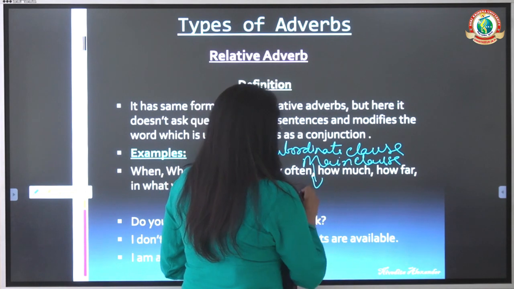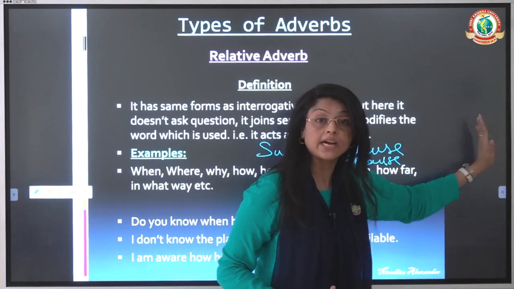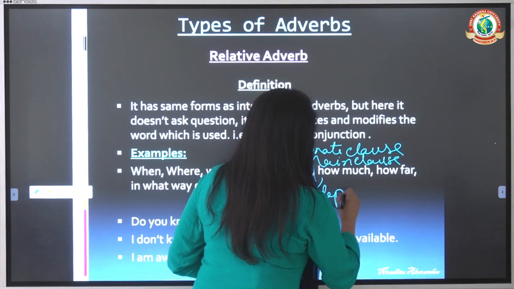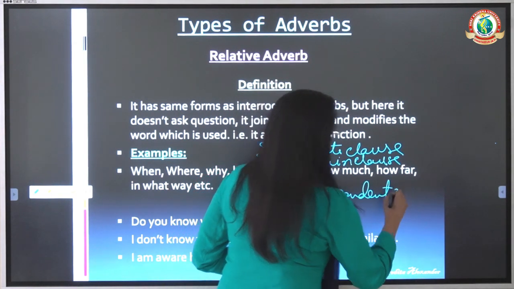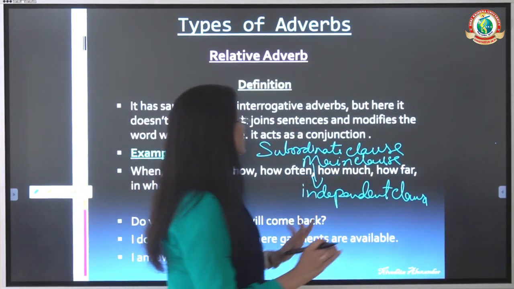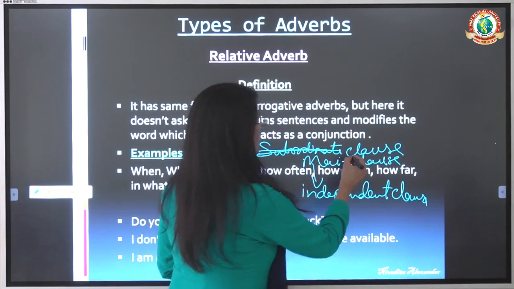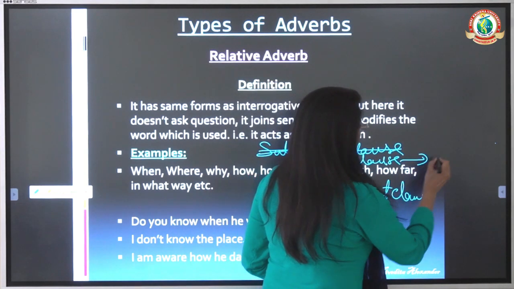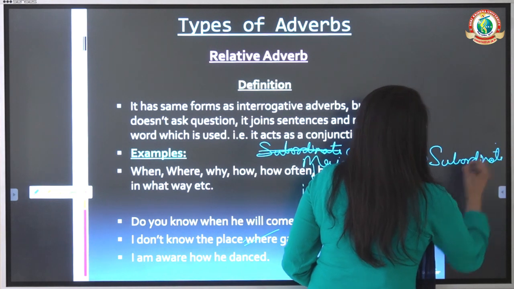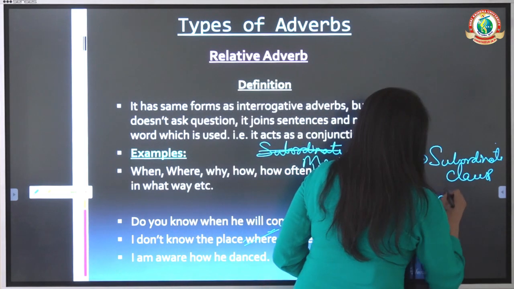It is also called the independent clause because this part of a sentence does not depend on the other part of the sentence. On the other hand, the second part of the sentence is, sorry, this is not a subordinate clause, this is the main clause only. And the second part of the sentence is called the subordinate clause. And this is a dependent clause.